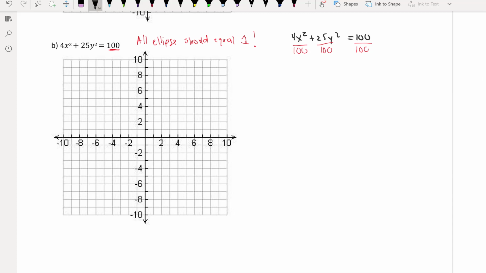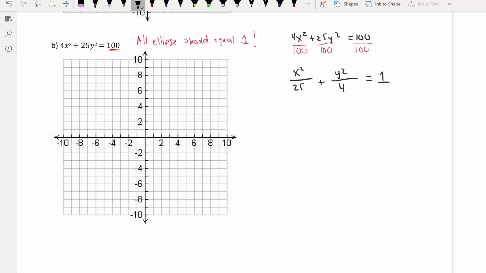So when I do that, I'm going to have x squared over 25, because 4 divided by 100 is 1 over 25, and 25 divided by 100 gives me a 4 on the bottom. And 100 divided by 100 is 1. Now we can happily say that this is an ellipse, okay?